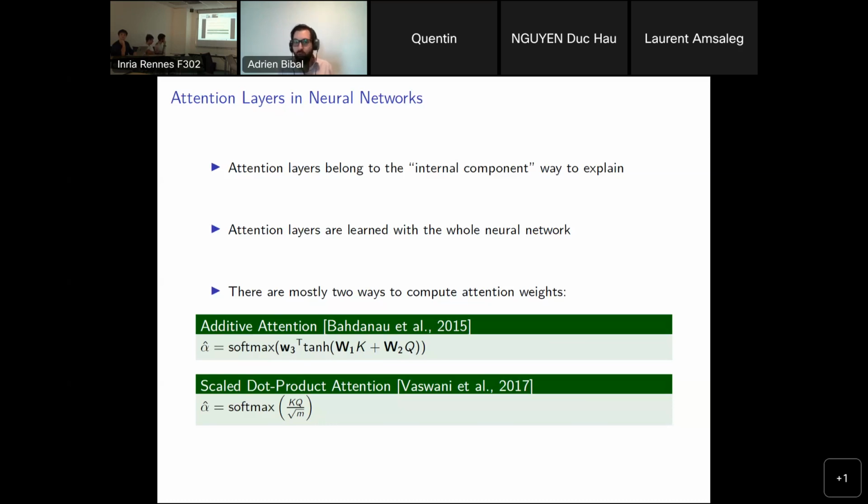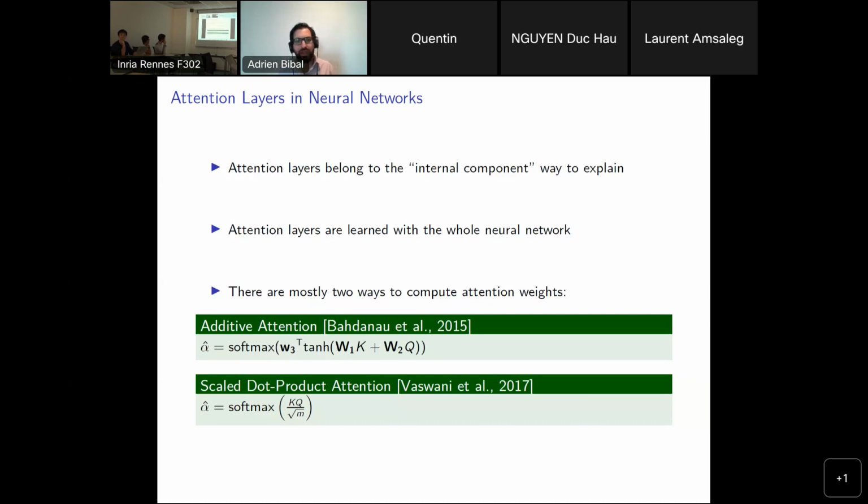So there are different ways to compute attention weights in the literature. The main ones are additive attention and scaled dot product attention. But in this presentation, I will not go into these details, and I will just mention that it has been shown in different papers that the results are roughly similar, and the conclusions related to the debate that I will mention are roughly the same with these different ways to define attention.